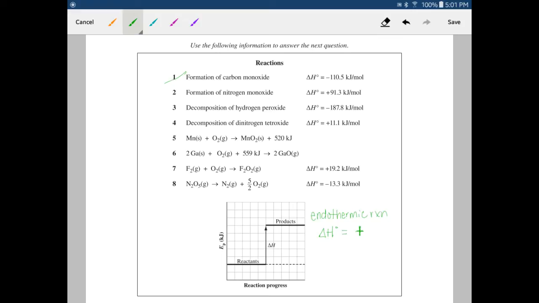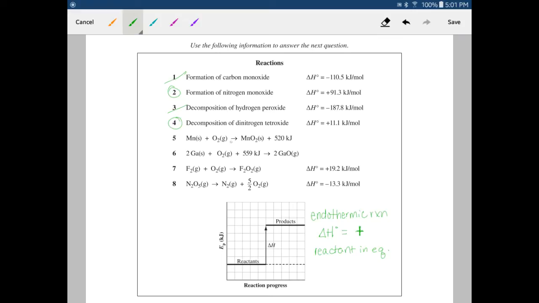Also, before we go too far, energy would be listed as a reactant in an equation. Then we look at formation of nitrogen monoxide. I see that as a positive value. That is a good sign. We have a negative value again, a positive value. So far we have numbers 2 and 4.